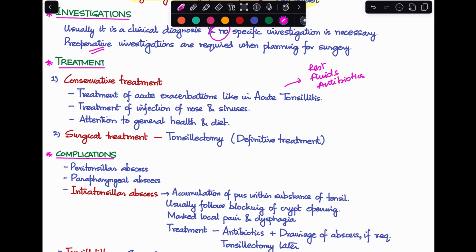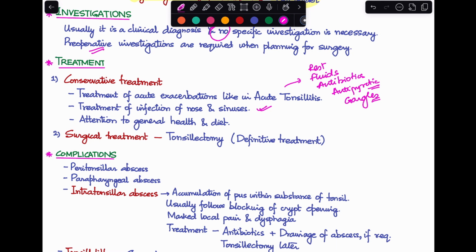In case they are having fever, we'll give an antipyretic like paracetamol, and we'll also tell them to do gargles with an antiseptic like betadine or even lukewarm water with salt added in it. So, the acute exacerbations have to be treated exactly like acute tonsillitis.